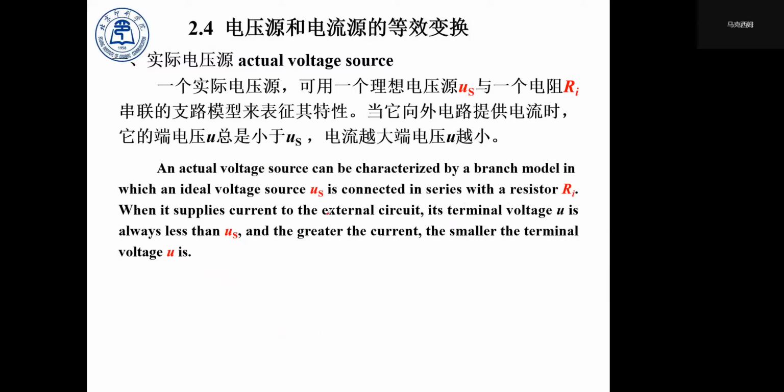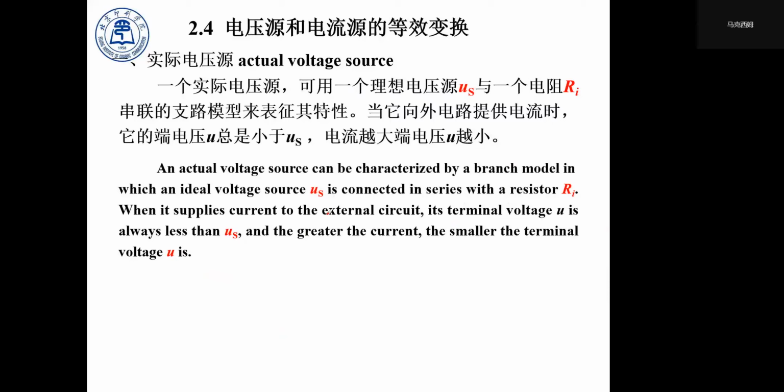Actually, if we have an actual real voltage source, we know that any voltage source contains a resistance, right? We don't have a voltage source that contains no resistance. But mathematically, we have assumed that the ideal voltage source is a voltage source that contains no inner resistance.